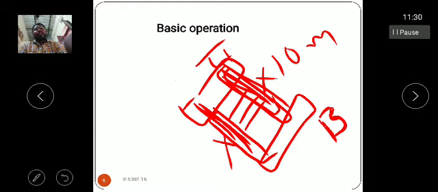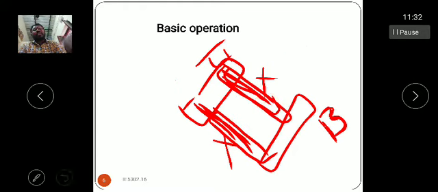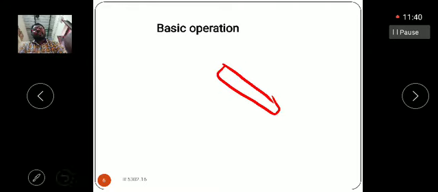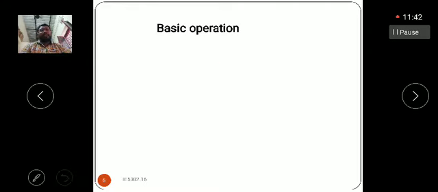Basically, if you want to measure the unknown resistance of this bridge circuit, we need to know two concepts. The concept of the bridge circuit is the balancing condition, when the circuit goes to balance.